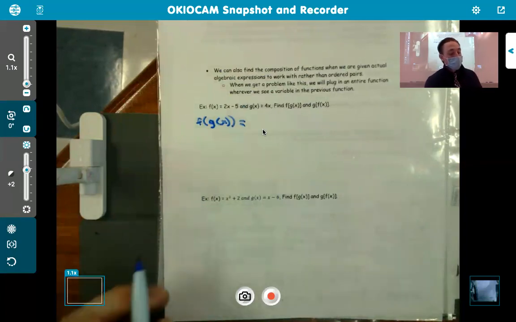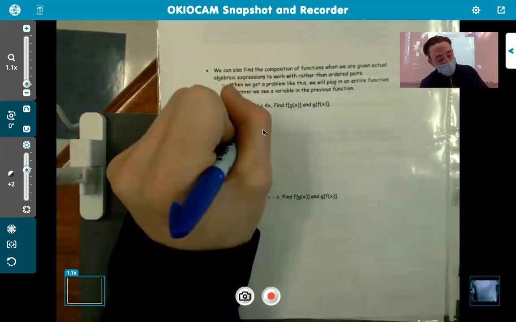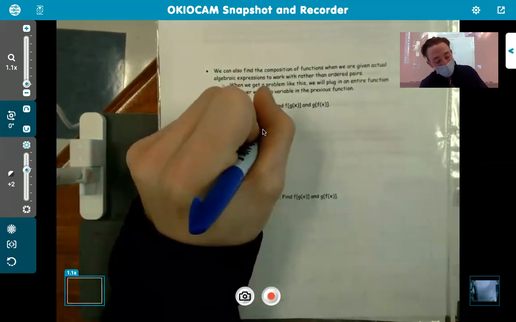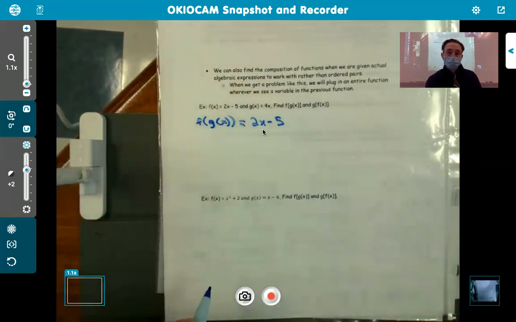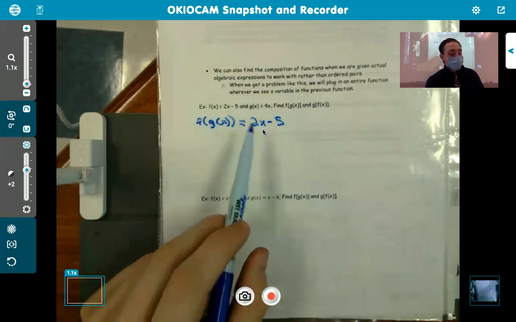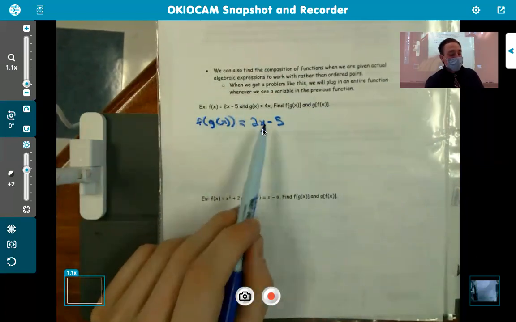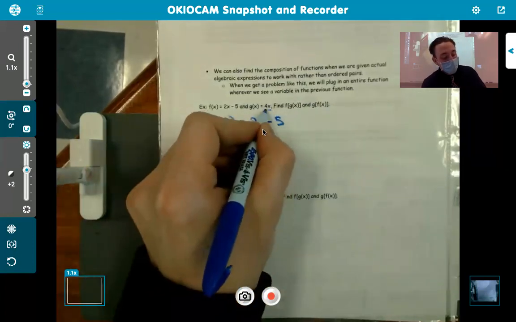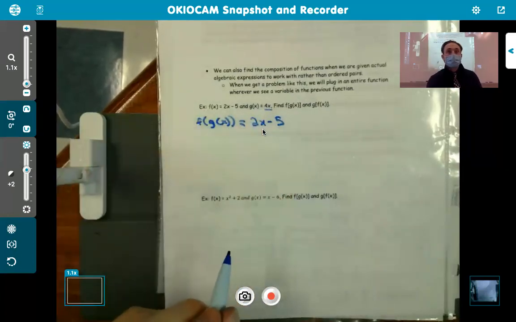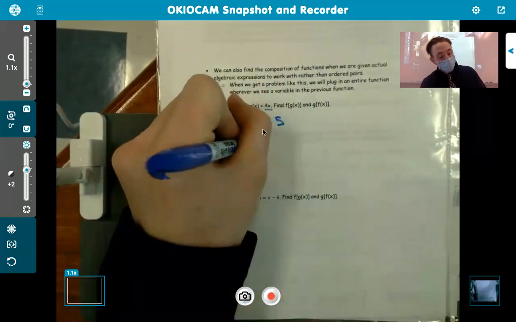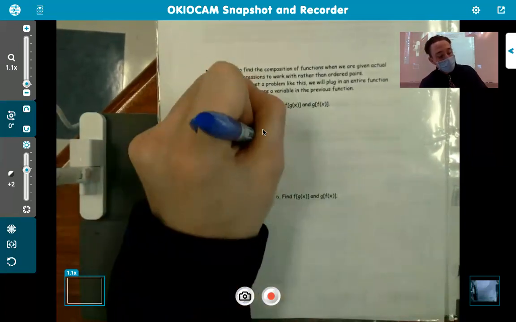start by writing down the outer function. So your f of x is 2x minus 5. And then what you're doing is wherever you see an x, you're plugging in the entire function g of x. So I have 2 times x.